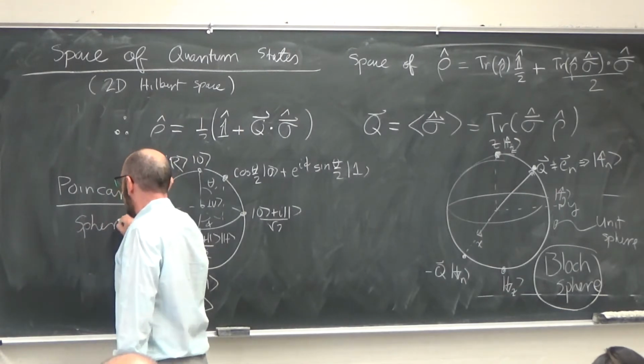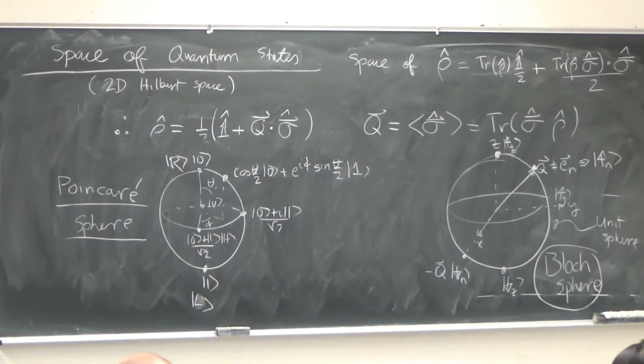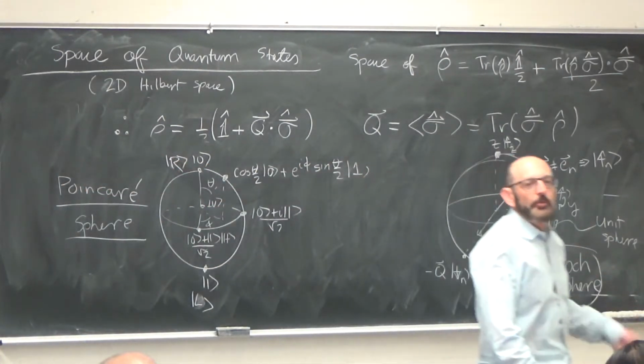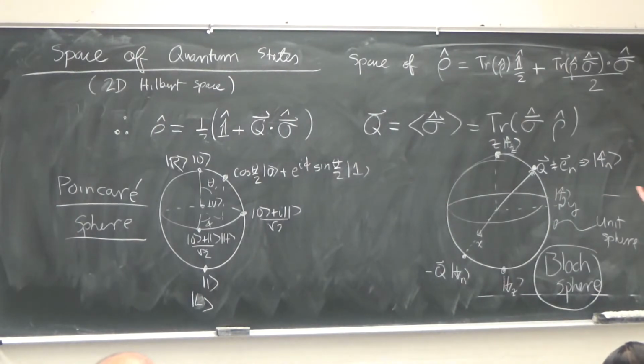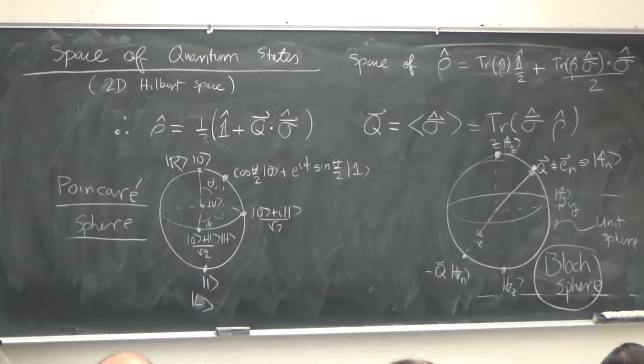It's exactly the same mathematical structure, except instead of thinking about spins, you think about polarization. But they are isomorphic. You just map one onto the other.